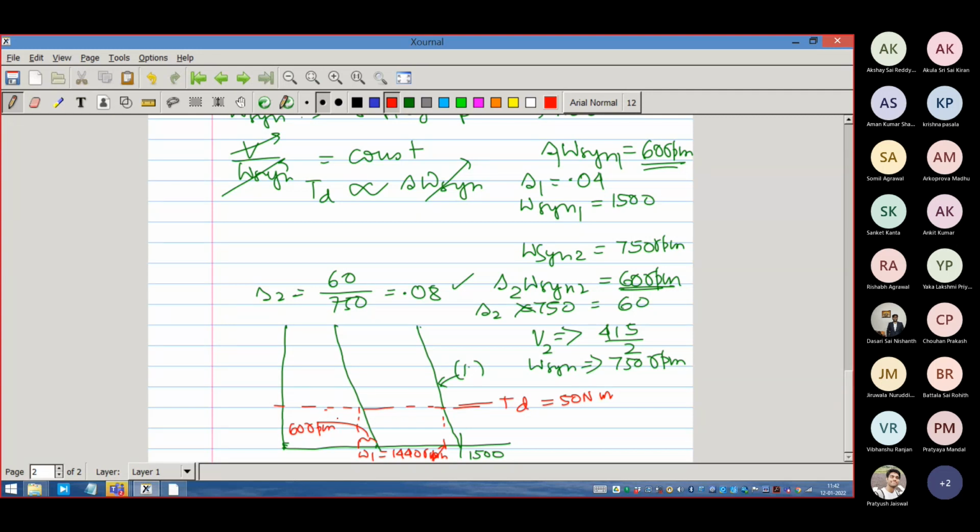But the drop in the speed will be, in one case, from 1500 RPM, and in another case, 750 minus 60 is equal to 690 RPM. So it is basically proportional: torque is proportional to slip speed. That is the way we would like to treat the machine when doing speed control.